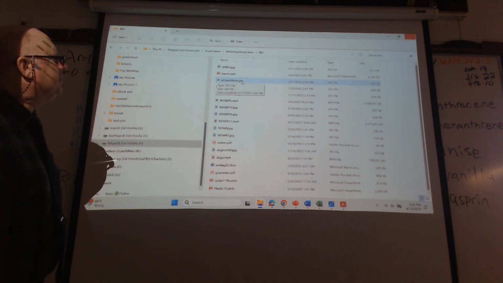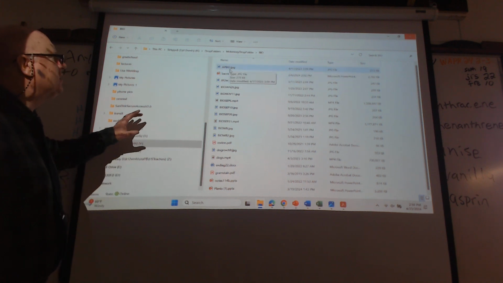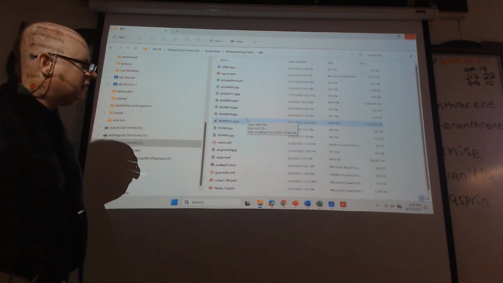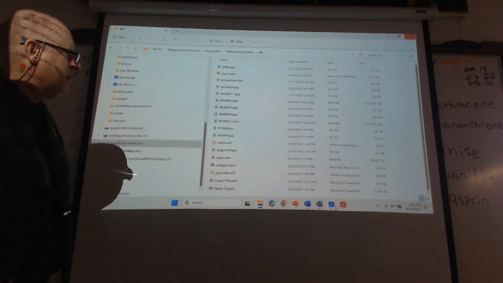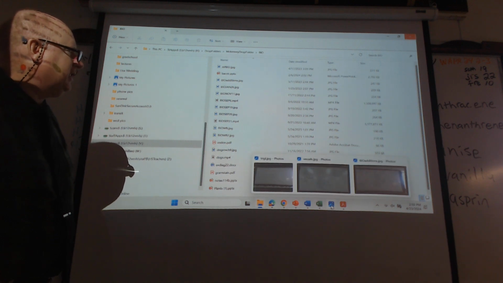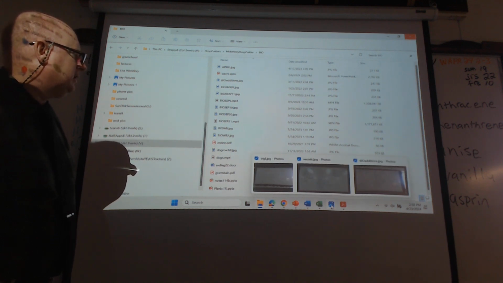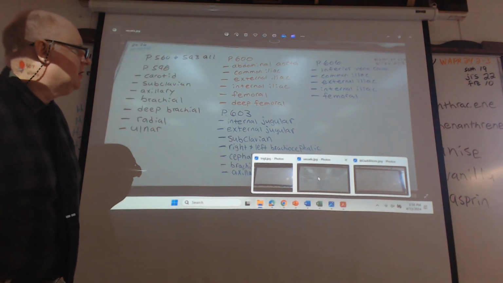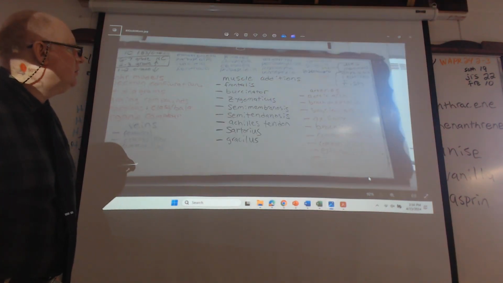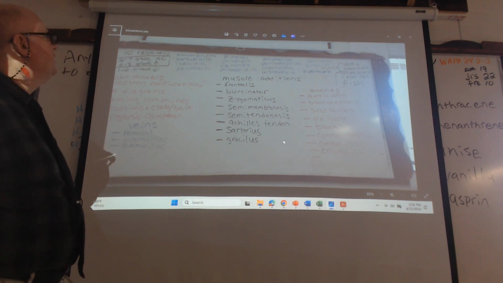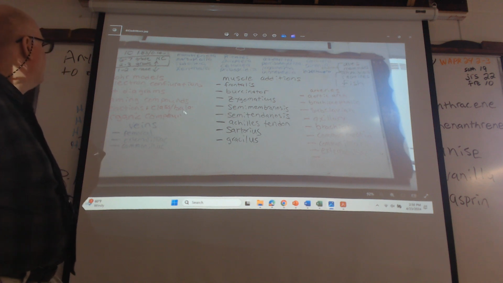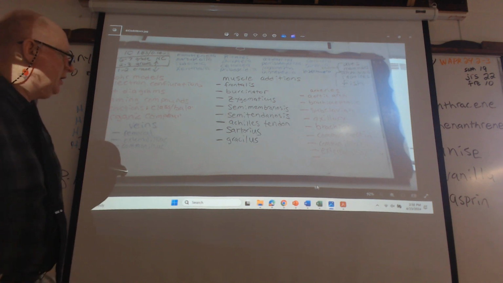This has the content that you are responsible for. These two files right here. This is A and P right here. So some additions. These are just muscles and arteries. This is physical science over here.